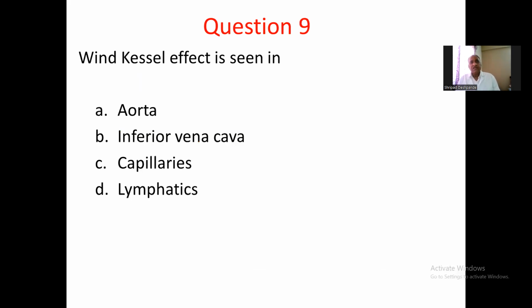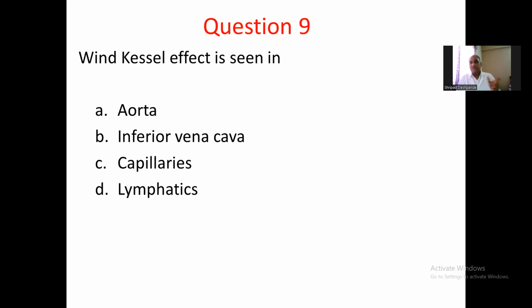Question number 9, Windkessel effect is seen in A, aorta, B, inferior vena cava, C, capillaries, D, lymphatics. Windkessel is a single word, it's not two words. It's a mechanical engineering term used for some pumps.